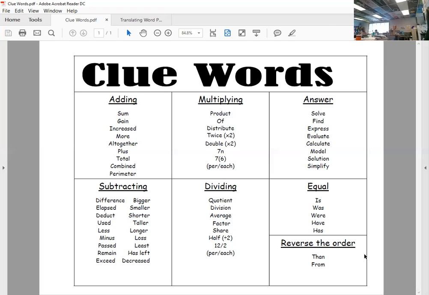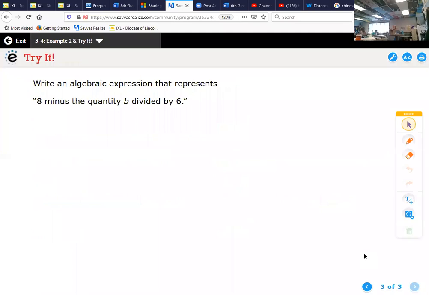If you look at your book, write an algebraic expression that represents the quantity: 8 minus the quantity b divided by 6.